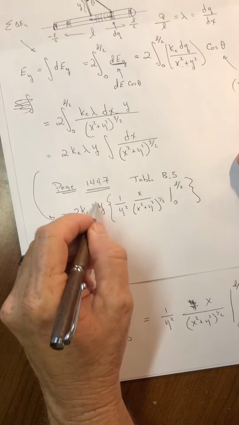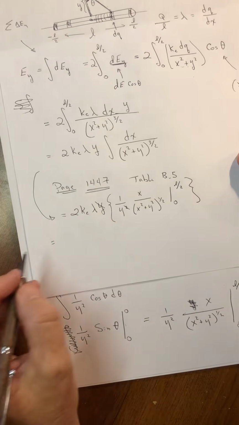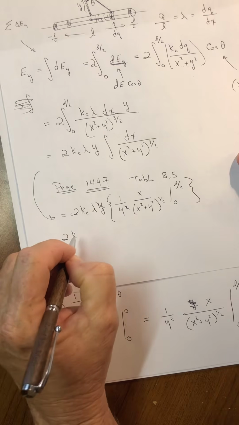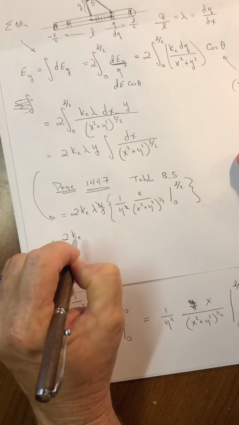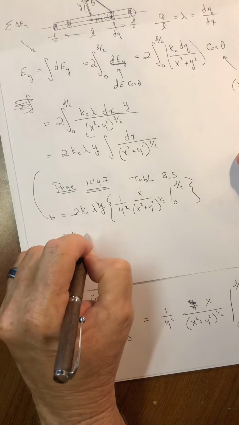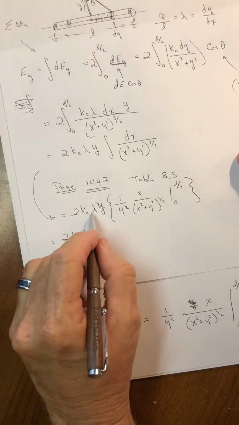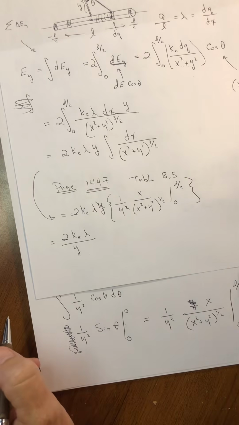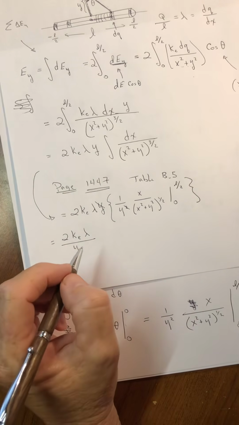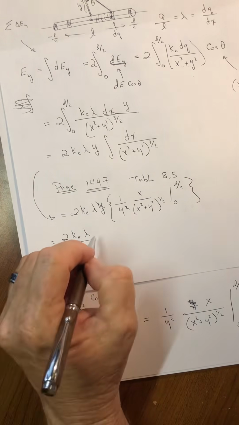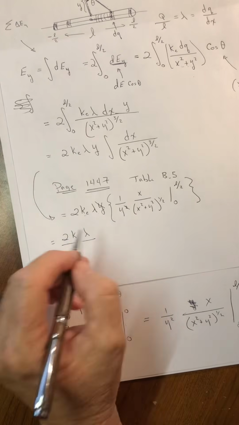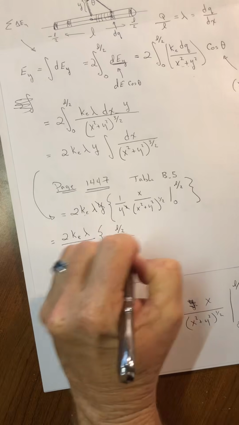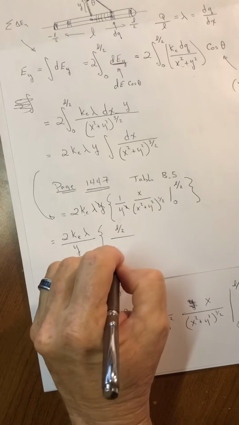And so maybe I'll first just cancel off one of the y's and get 2 Coulomb's constant lambda over y. And then now when I put this in, let's see, I got the y. This would be an L over 2 here.